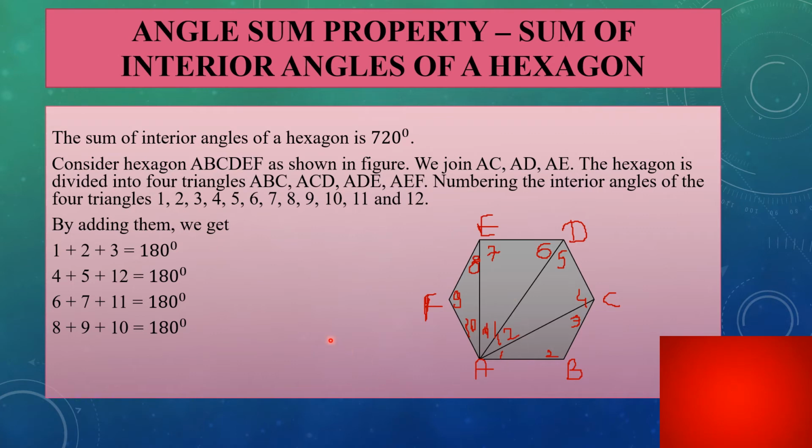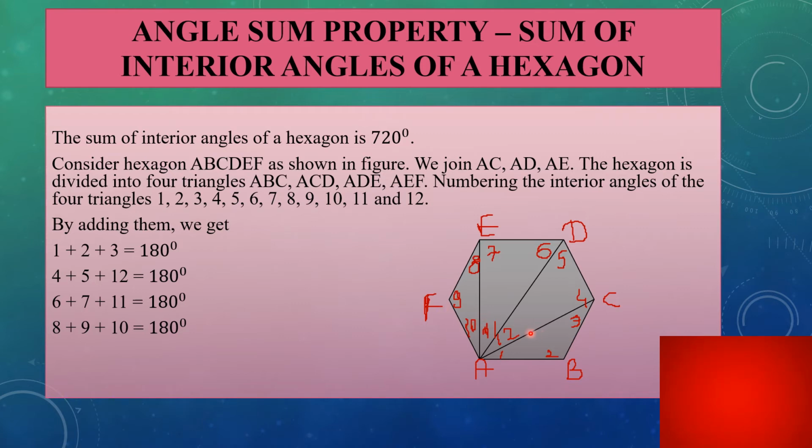The hexagon is divided into 4 triangles: triangle ABC, triangle ACD, triangle ADE, and triangle AEF. Numbering the interior angles of the 4 triangles, the angles are 1, 2, 3, 4, 5, 6, 7, 8, 9, 10, 11, 12.